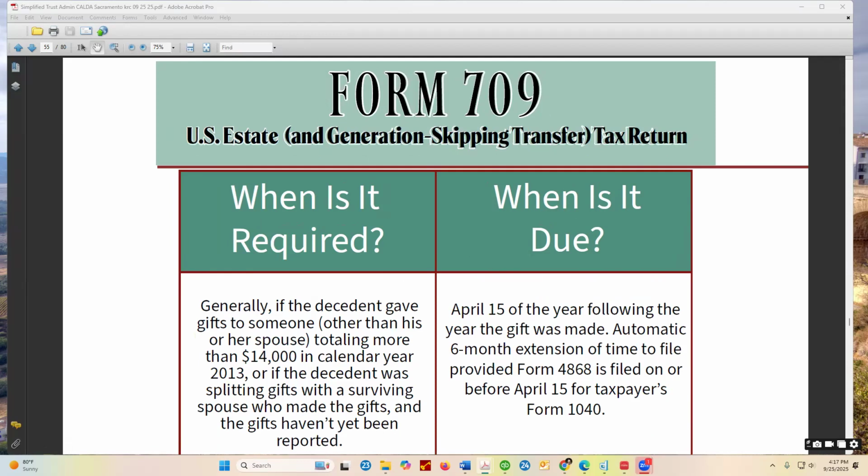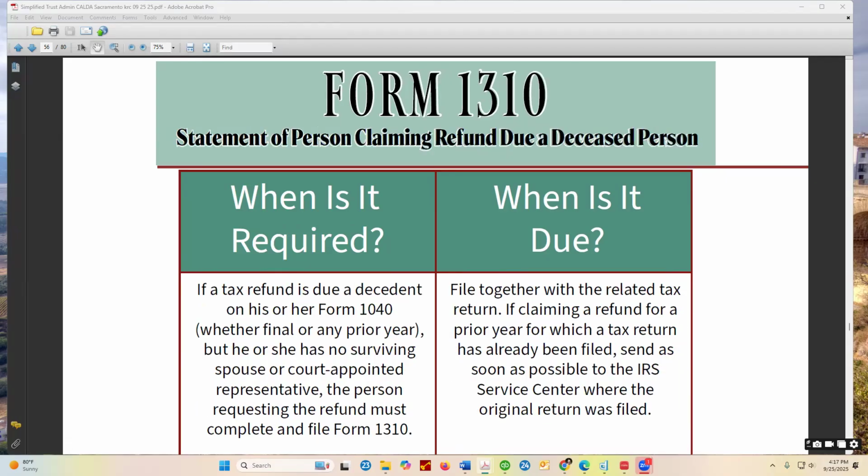If a person gave more than 18,000 during the year or in prior years, then they should have filed a Form 709, and that reduces that 15,000 that we talked about for estate and inheritance tax returns.